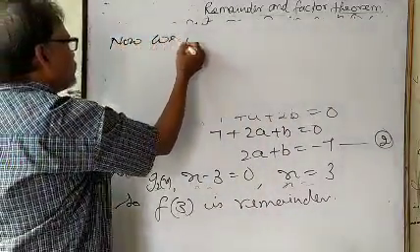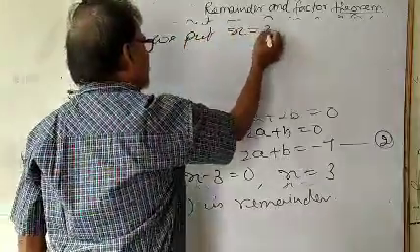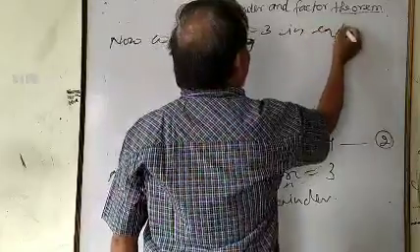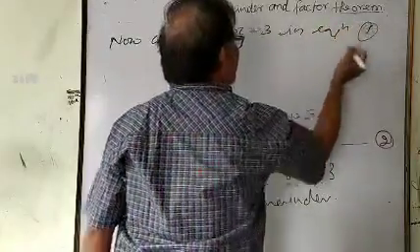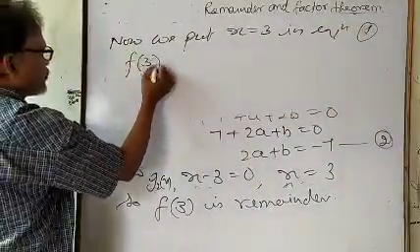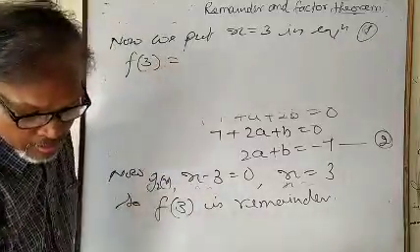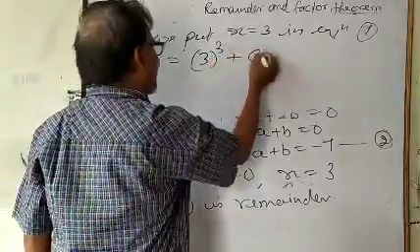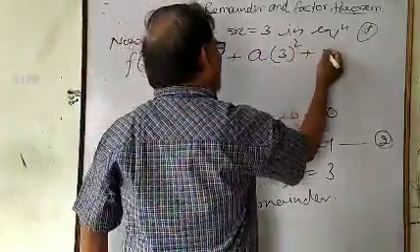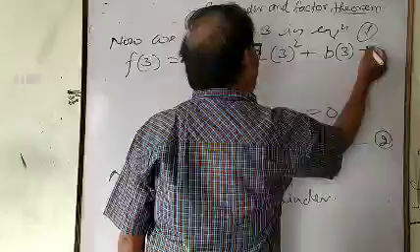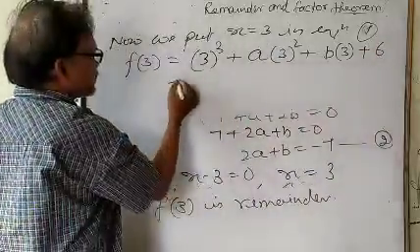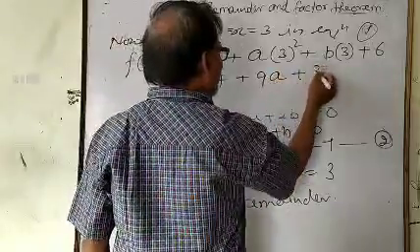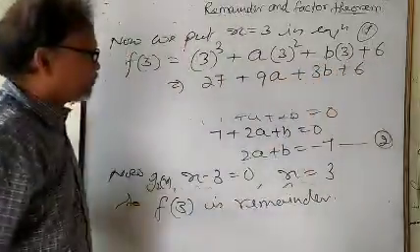So f3 is equal to x cube plus ax square plus bx plus 6, which is equal to 27 plus 9a plus 3b plus 6.